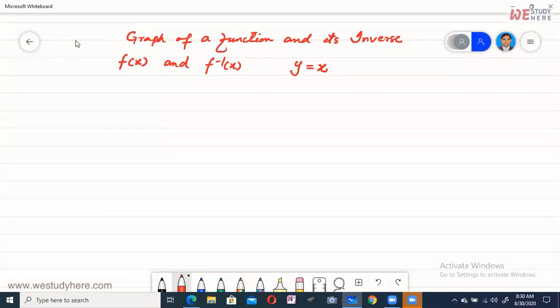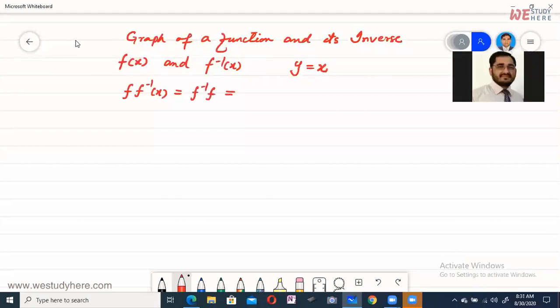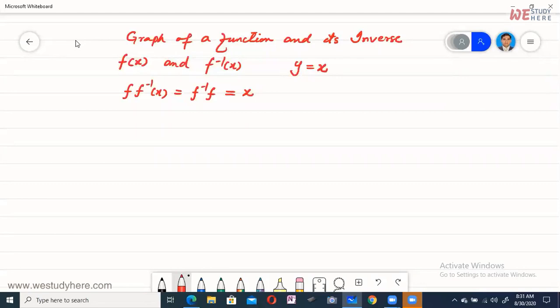This is true for all one-to-one functions and their inverse functions, because f composition f inverse will be equal to f inverse composition f, and that will be equal to x. Due to that y is equal to x is line of symmetry between function and inverse function.